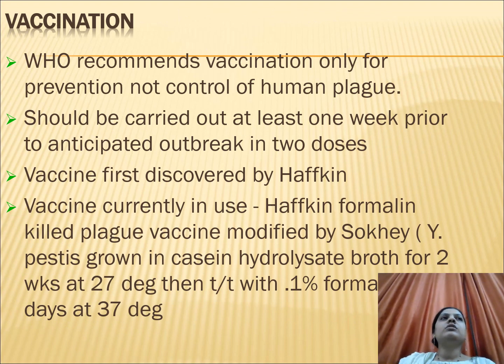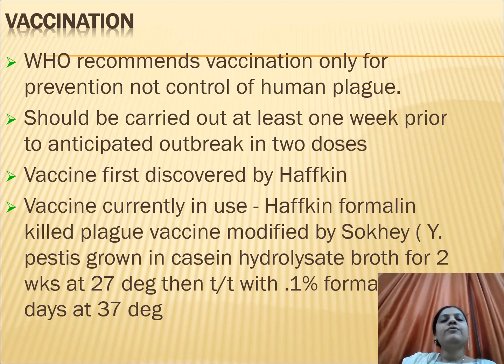Now we come to the fourth thing what we can do, which is vaccination. So the first three things were control of the cases, control of the rat flea, control of the rodents, and now the vaccination. WHO recommends vaccination only for the prevention and not the control of human plague.